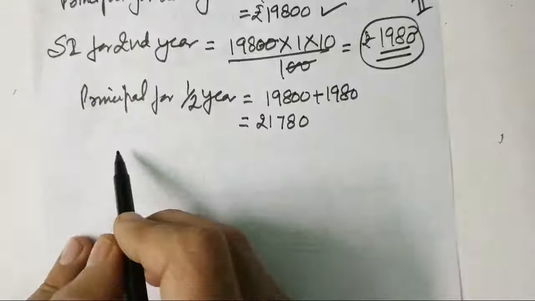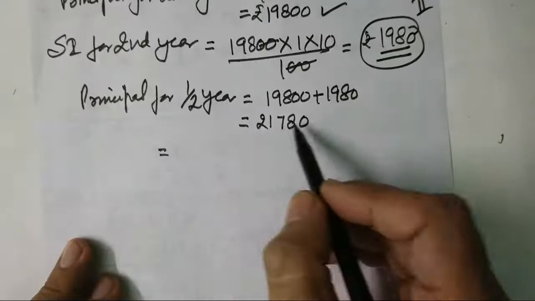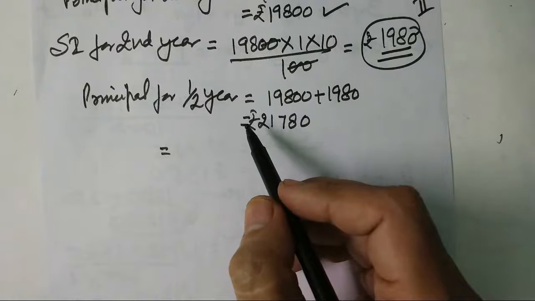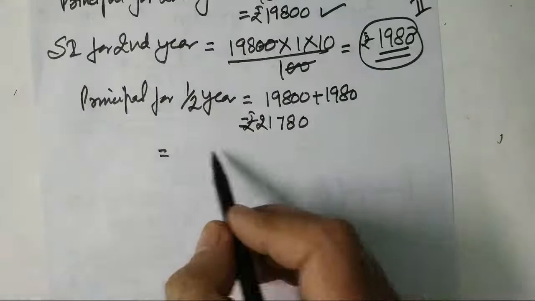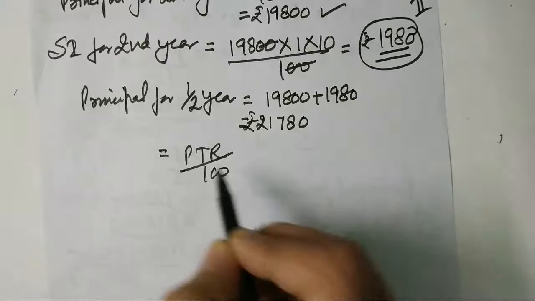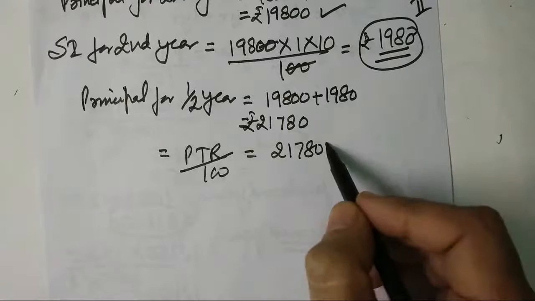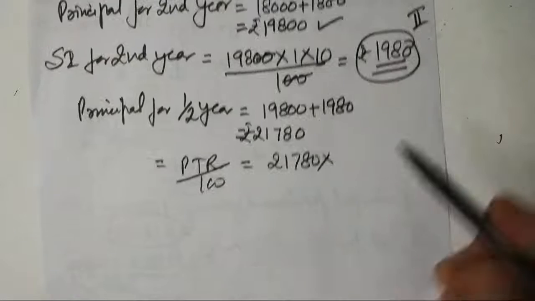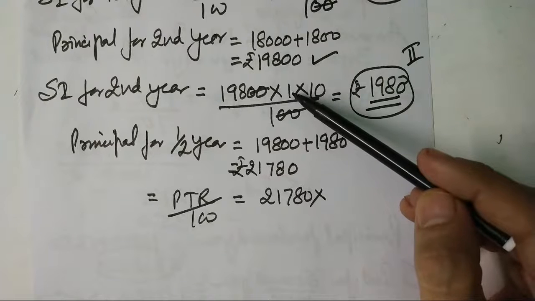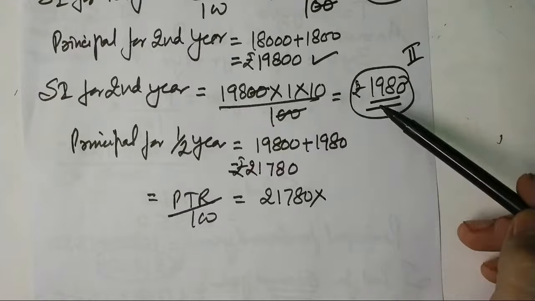And we will calculate interest for the half year with the principal being 21780. Now it will be the same formula, which will become 21780 into time. Now we will not calculate interest for the whole 1 year because the time is only half year.